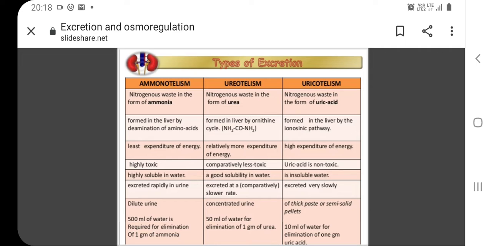It requires a high amount of energy for its formation. It is non-toxic. It is insoluble in water. It is excreted very slowly. It is excreted in semi-solid, paste form or in pellet form.